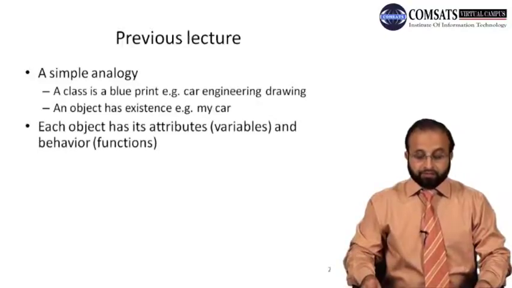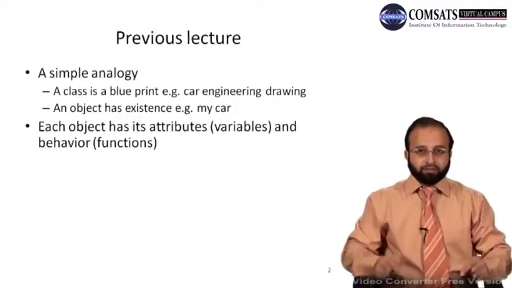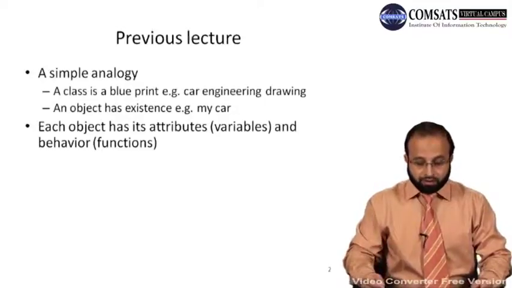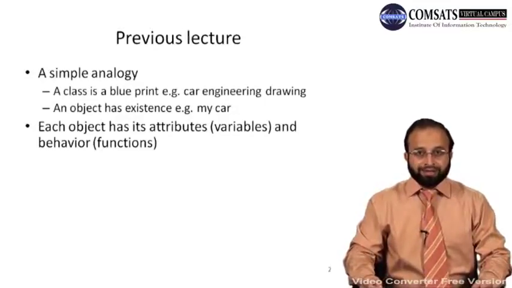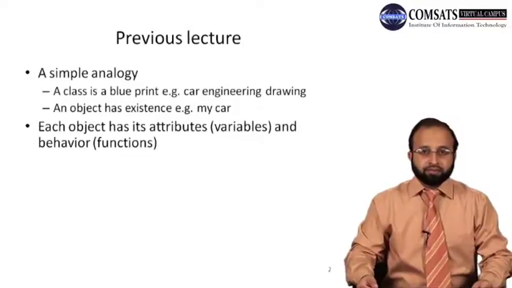Each object has its attribute, that is variable, and behavior, that is function. So a class is something that is on paper or on the system that describes what the behavior is if any object of that class has been created, right?